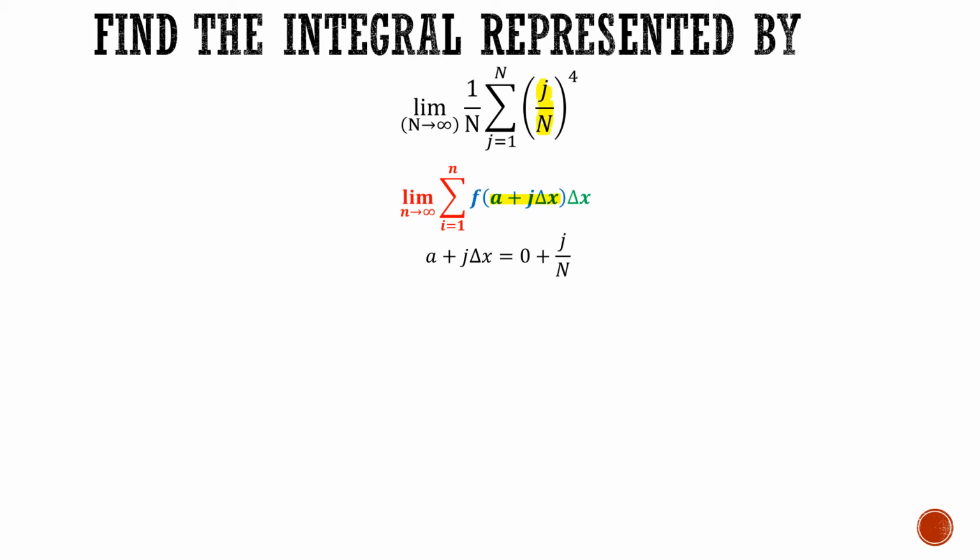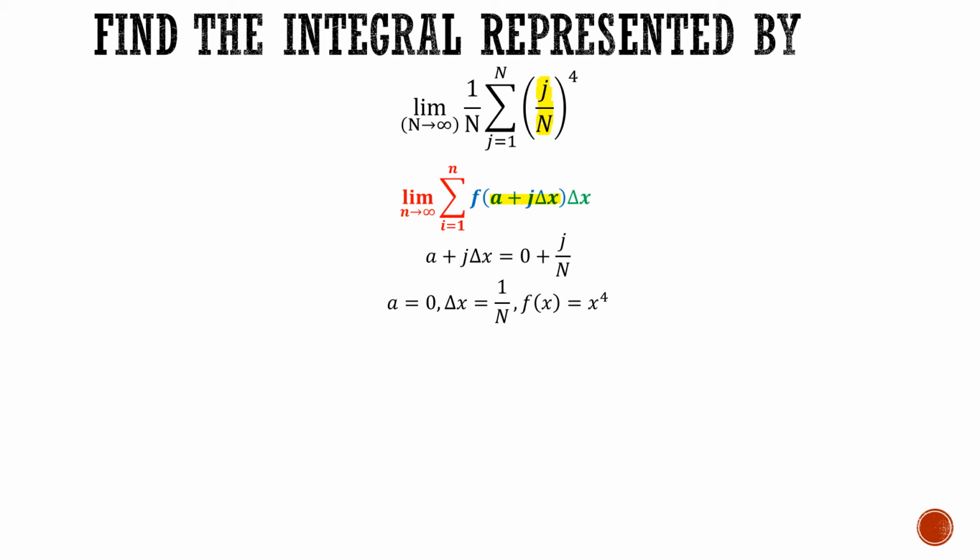I know j over n is being raised to the fourth, so this a plus j delta x is simply 0 plus j over n. It's whatever's inside of your function. So that tells me that a is 0, my delta x is 1 over n, and my function itself has to be x to the fourth.